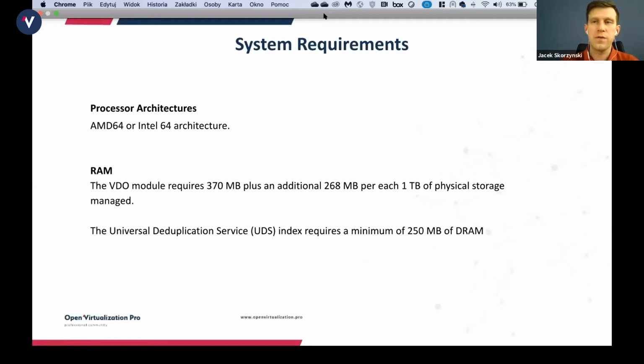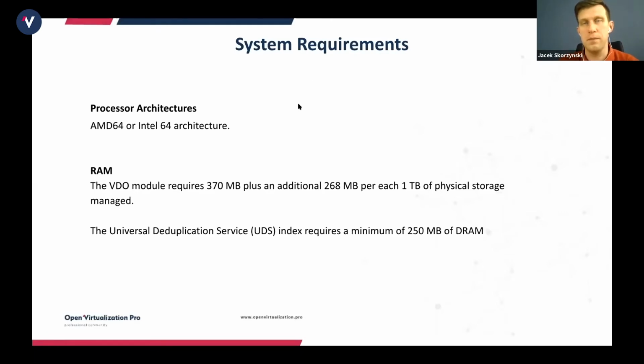When you've got a multi-core, multi-thread processor architecture, which is usual nowadays, you are able to tune your VDO architecture so that VDO uses as many threads as you need, to make it as performant as your system can make it.